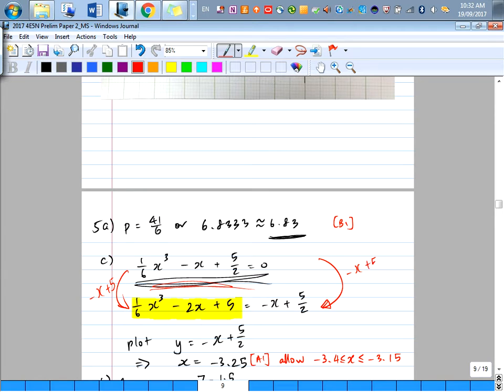Then over here I add 5. Now, on my left hand side, I have terms which are already plotted out in my graph. And on the right hand side, in our graph, it is plus 5, right?